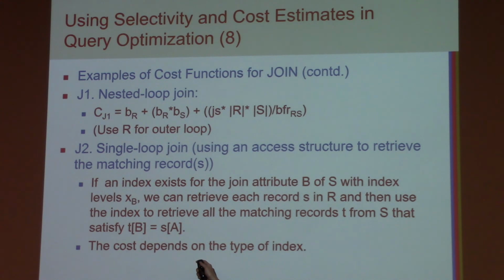Then for every one of these, how many times? For each, you need to read all of this. So B of R times B of S. Plus, how many of them are joined here? So the join selectivity times R times S. That's this one. But it should be the number of blocks. So divided by what?